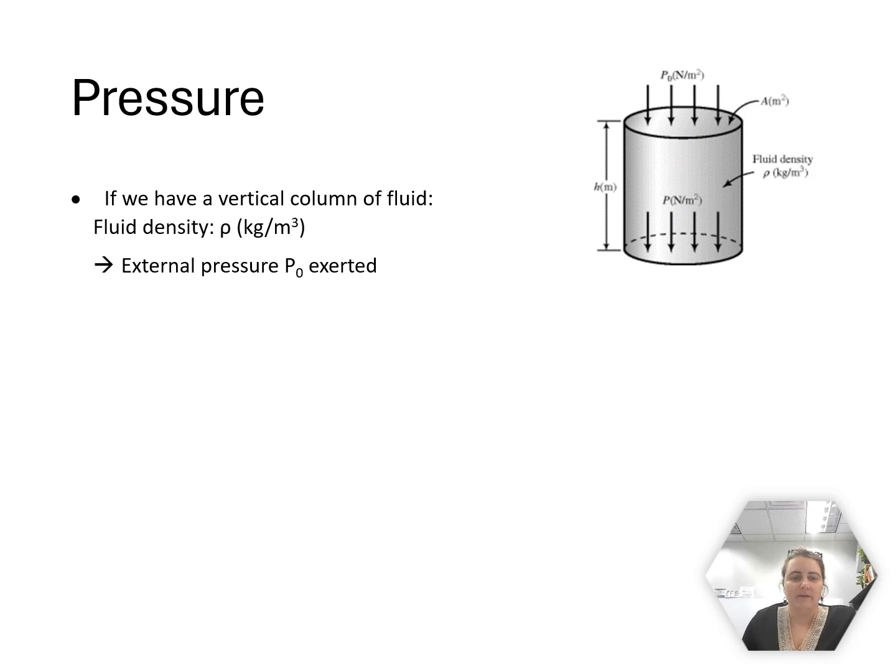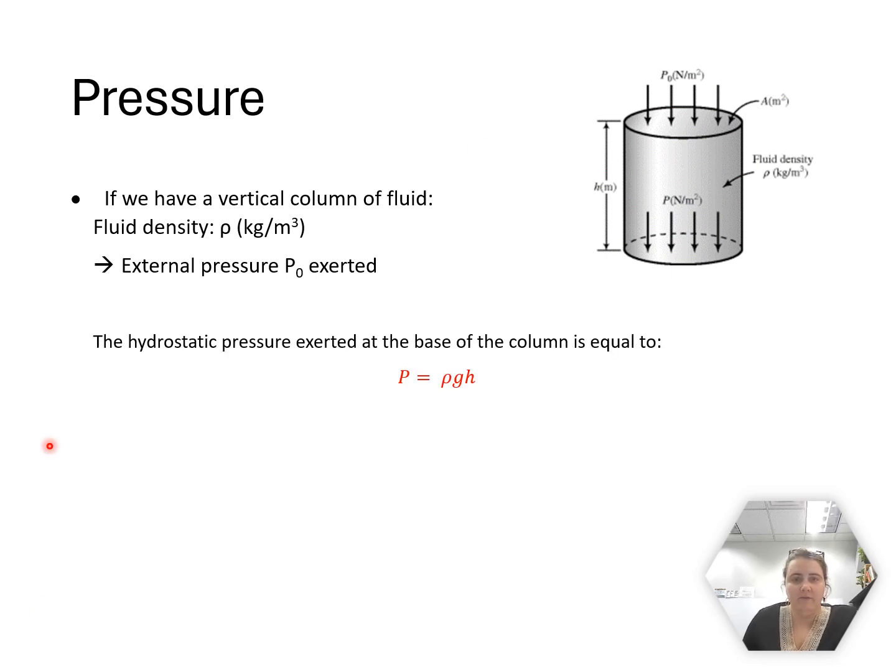Let's say that we have this vertical column of fluid that we see over here, and that the fluid has a density of rho, in terms of kilograms per meter cubed. There's an external pressure P sub 0 that is exerted on the system. That's what's up here at the very top.